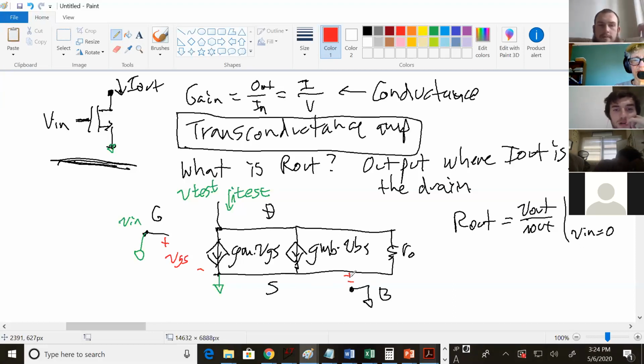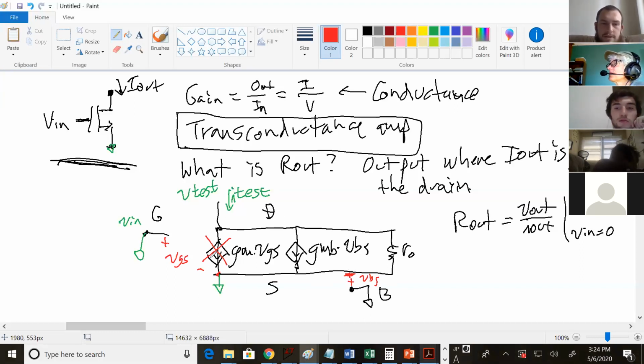That's VSB. I guess this should be plus minus if it's VBS. And why do you get to get rid of this current source? Because V in is grounded and the voltage source at VS is grounded. Yes, so gate's grounded, source is grounded, so VGS is 0. This goes away. Anything else you can do?